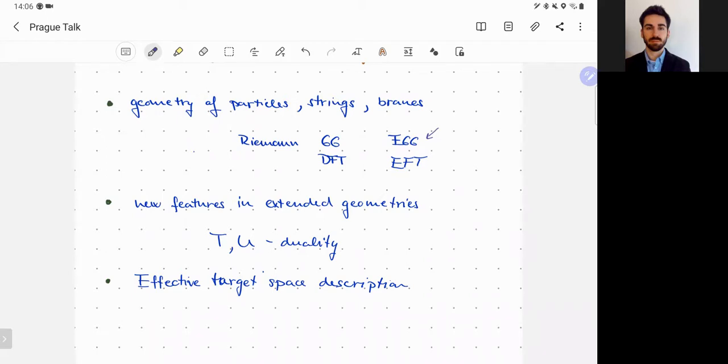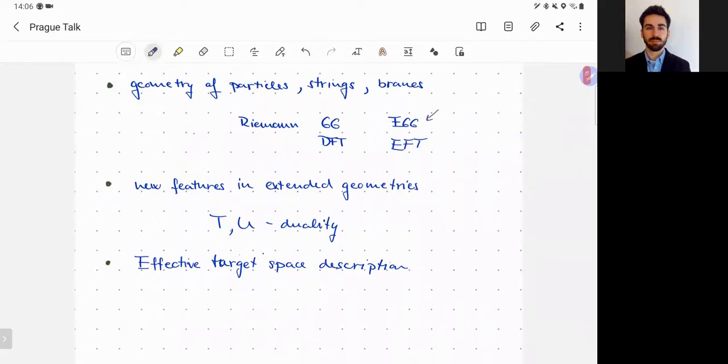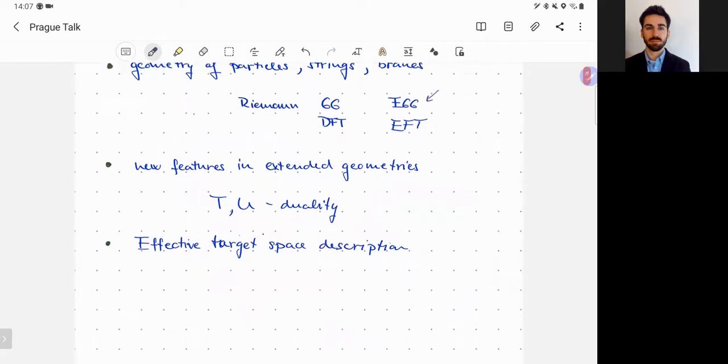And then I'll mention briefly how these extended objects also yield a new feature which hasn't been seen in the particle setup, and that's the T and U duality, which is some non-trivial duality of the model, which preserves the spectrum, but non-trivially acts on the geometry, and I'll say a little bit about that.